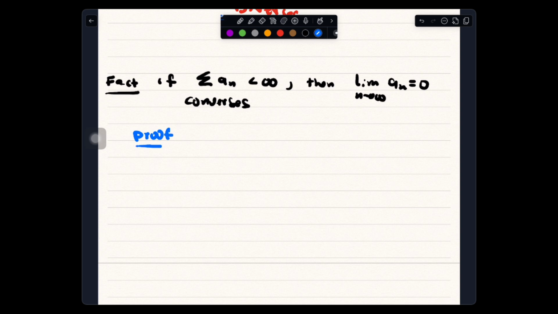Your proof is that we want to assume that we have convergence of the series. Well, if we have convergence of the series, in other words, the sequence of partial sums converges.